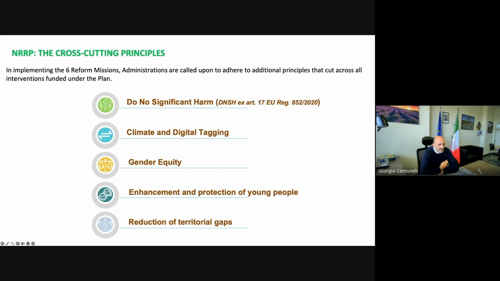Another horizontal principle is climate and digital tagging, gender equality, enhancement of protection of young people, and reduction of territorial gaps.